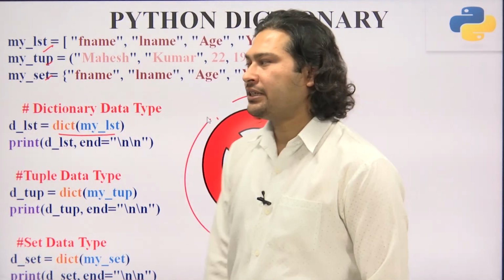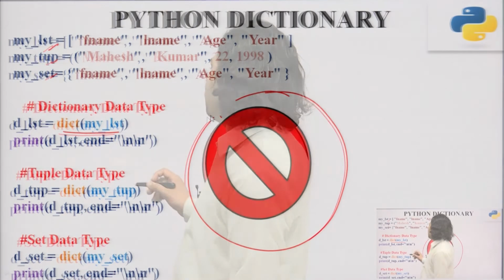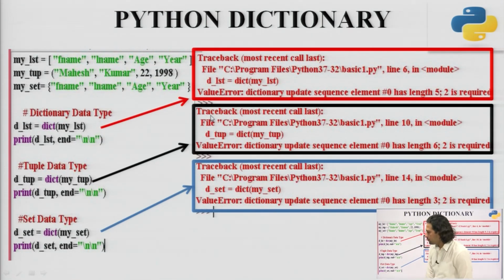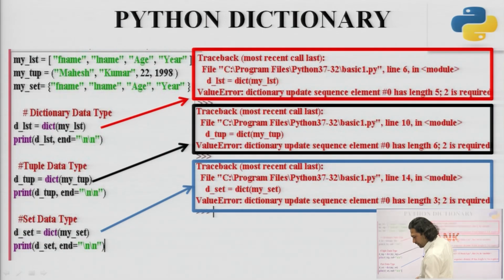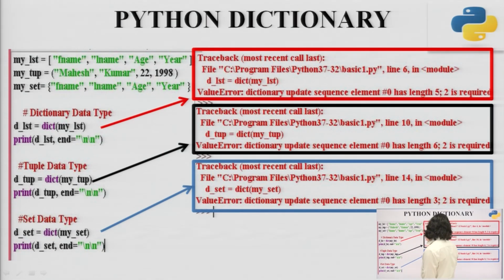So, the reverse process from the respective list, tuple and set data type to the dictionary is not possible, because the dictionary holds two elements, one is key, the second one is value, and it is missing in all three data types. You can see in the output that when we try for the list data type, it shows a value error, that means the dictionary update sequence element 0 has length 5, 2 is required, and so on.